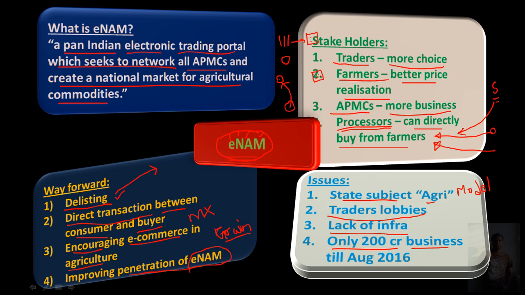At present, the government has very small aims in implementing this e-NAM because it's around only 200 APMCs. But if we increase the penetration of this to all the APMCs across India, then it's a very potent tool to change the fortunes of the farmers and even the entire agricultural system.